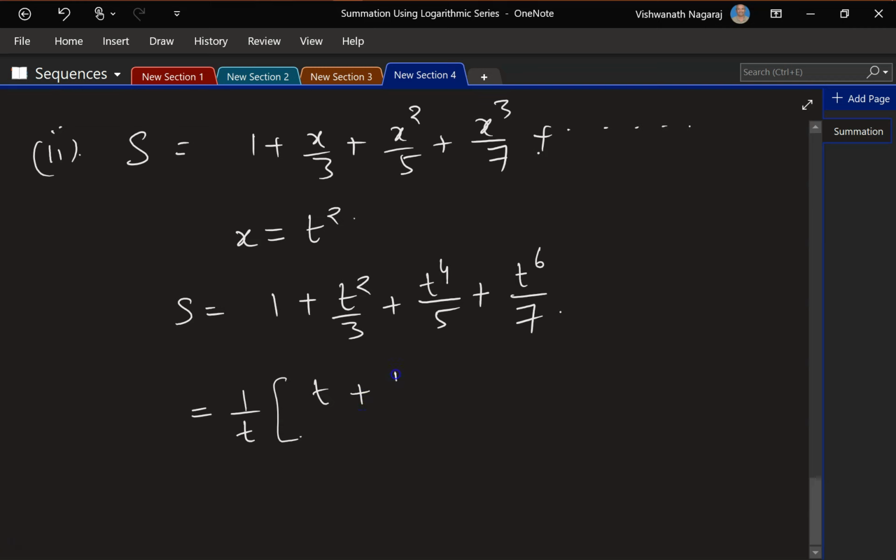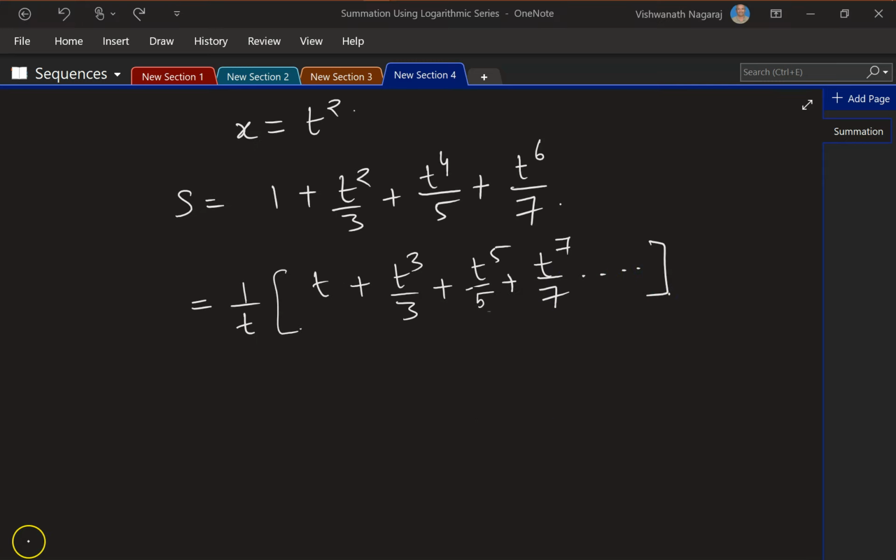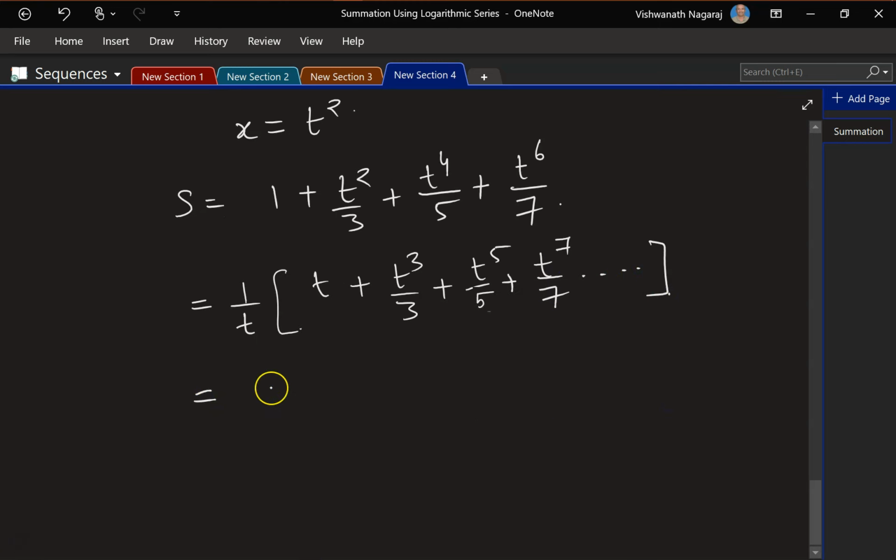So this becomes t cube by 3 plus t5 by 5 plus t7 by 7 and so on. Now this is a pattern that we recognize, and this is equal to 1 by 2 natural log of (1 plus t) by (1 minus t).